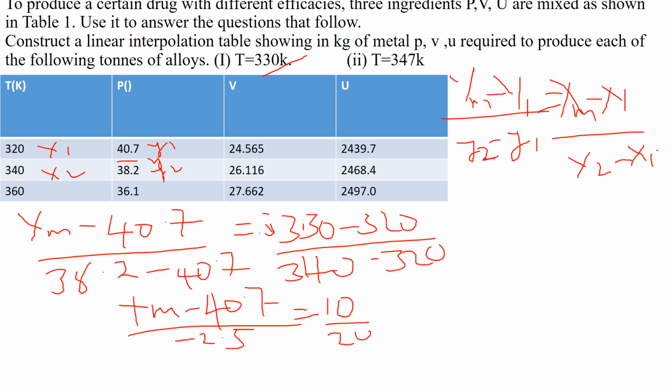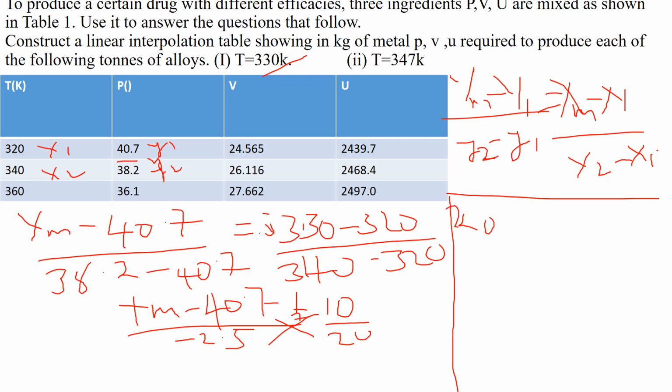So I can take this to the other side, and if I cross multiply these and these, I'm going to have the values.